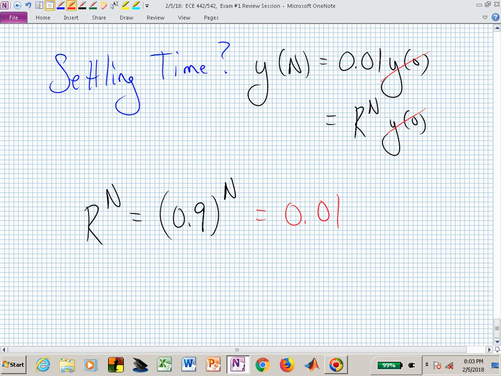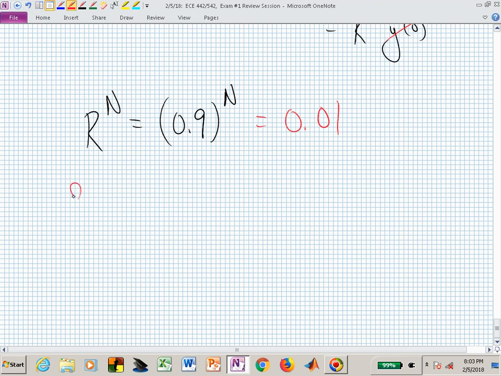You could continue to raise r to higher and higher powers, and if you're counting, you can figure out eventually what capital N is. But you can also do it with logarithms. You can solve for n, and we've done that. N is now minus 2, since that's log base 10 of 0.01, over log base 10 of 0.9.